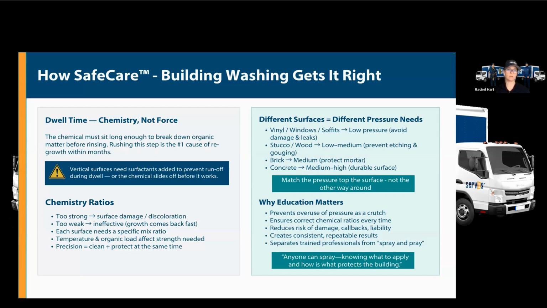The chemistry is really important here, because we don't want to waste product and use too much. In some of these products, a higher ratio of bleach will actually create more damage than good. So when it really comes down to it, education is a huge piece of this, and we're trying to avoid the idea of just simple pressure washing.